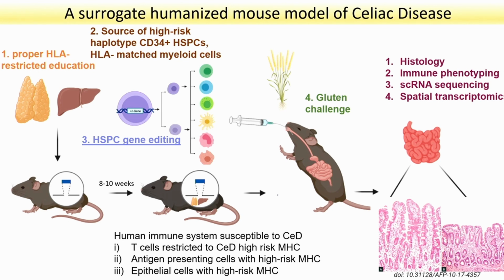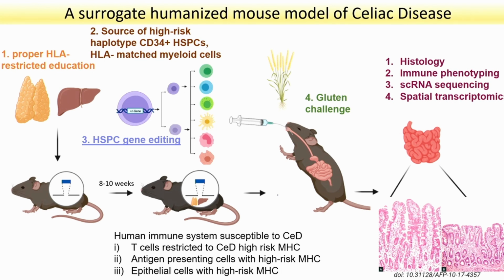It's DQ 2.5, HLA-B, et cetera, all that stuff. So we put that in there, and that mouse grows up with the immune cells from a susceptible environment, so-called genetically susceptible T cells. We then feed that mouse.